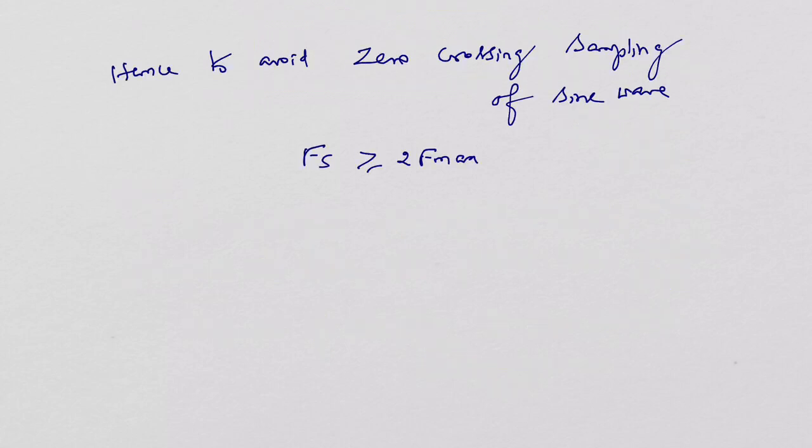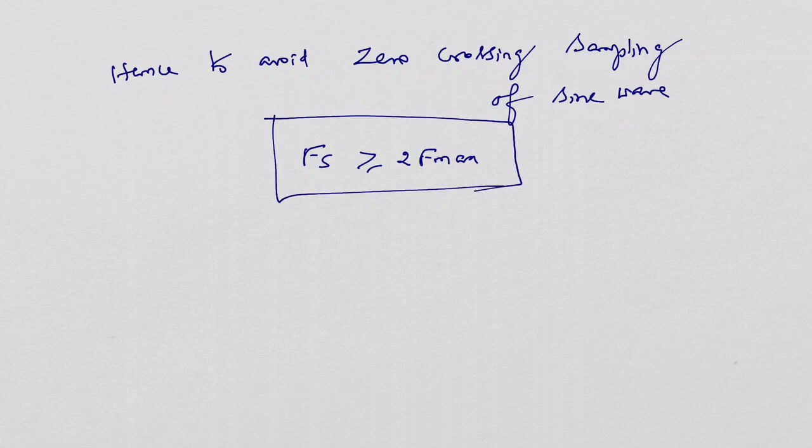To avoid 0 crossing sampling, we must always select Fs greater than 2 into f max. Fs must be greater than or equal to 2 into f max, and 2 into f max will be called the Nyquist rate. A non-shifted version of a sinusoidal signal, when sampled exactly at the Nyquist rate, will create the issue of generating only 0 samples.